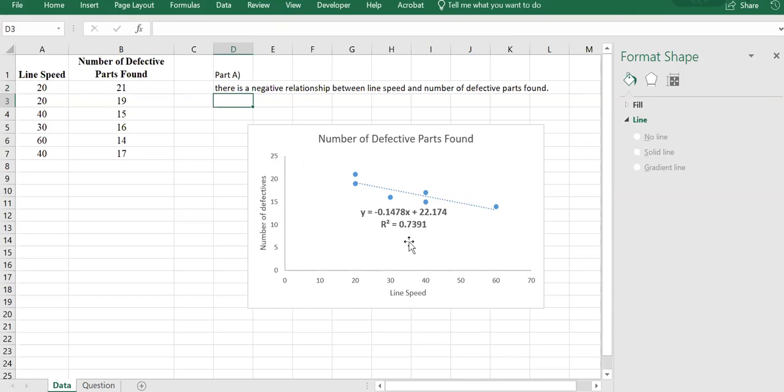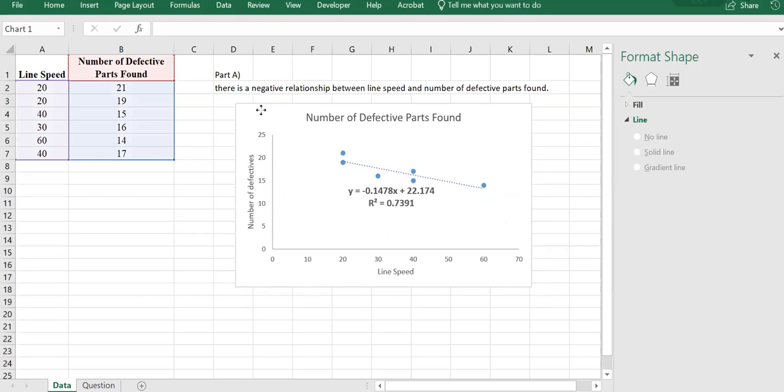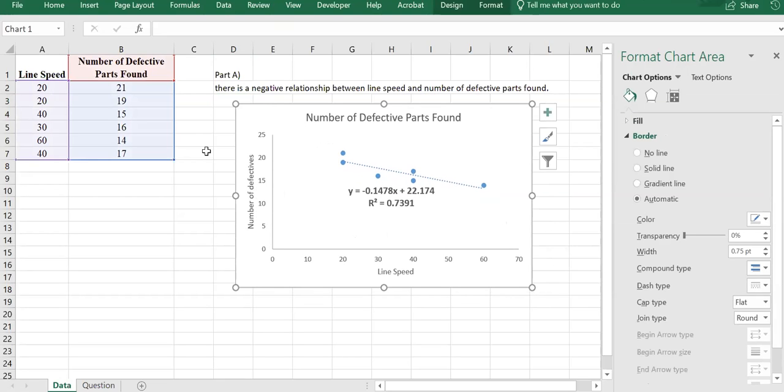How do we know the relationship is negative? I mean, we can just observe that. And also from the slope. If you have just the equation, you can just look at the slope. Slope is negative, therefore the relationship is negative, right? So that's how we can make sure that we are getting it right.